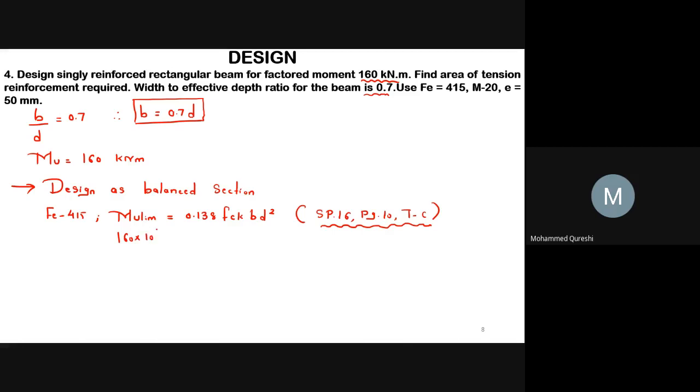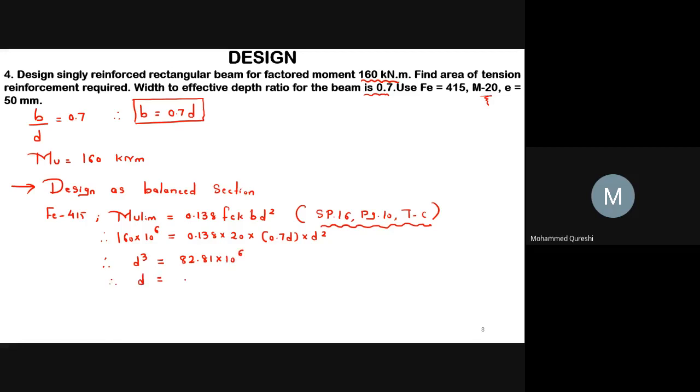160 into 10 raised to 6 for Newton mm conversion, equals 0.138 into the value of Fck, given as 20, into b, which is nothing but 0.7d, into d square. After solving the above equation, you will get the value of d cube as 82.81 into 10 raised to 6.